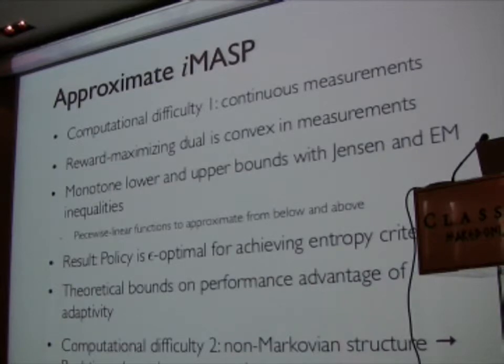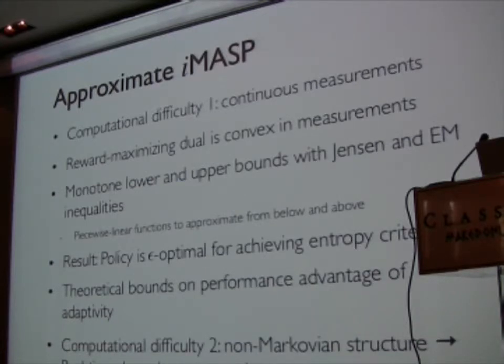So to solve the IMSP problem, the first computational difficulty is with the continuous measurements. To resolve that, we are able to show that the reward maximizing dual is convex in the measurements. And this allows me to use inequality tools to bound the solution.